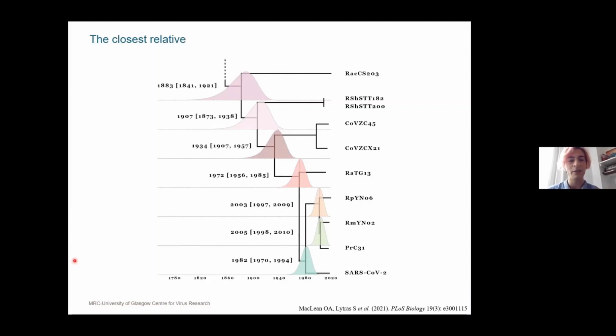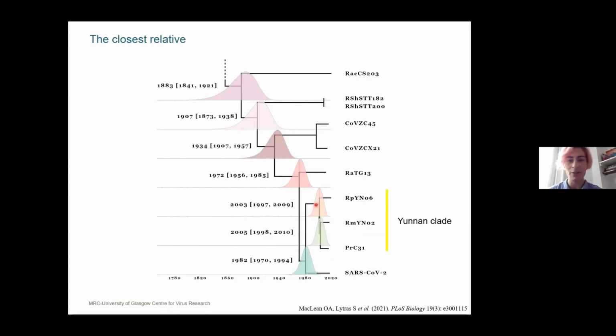And this is region 5, which I mentioned before. So you can see that we estimate SARS-CoV-2 to have shared a common ancestor with the Yunnan clade about 40 years ago. And this is a relatively short or long time, depending on how you see it. You can estimate some very recent dates for the Yunnan clade, meaning that these viruses shared a common ancestor fairly recently.